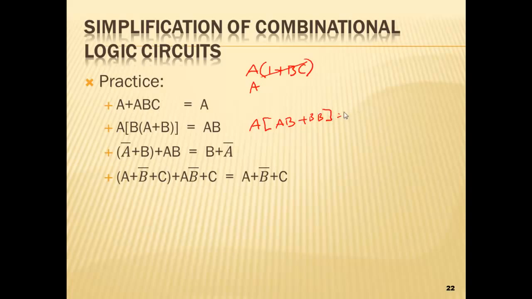So we take A times AB, we're left with AAB, plus A times BB, which is just ABB. And then combine these like terms. So A A B is just AB, and then ABB is AB. Anything ORed with itself is just itself.